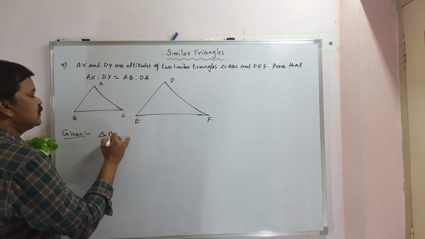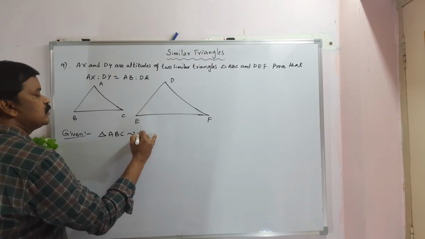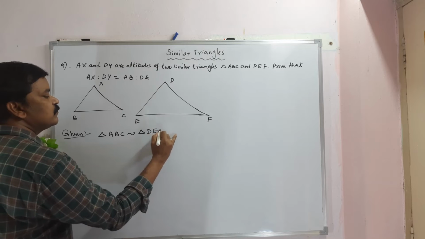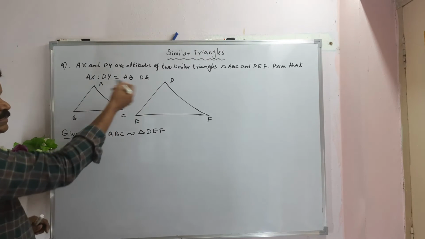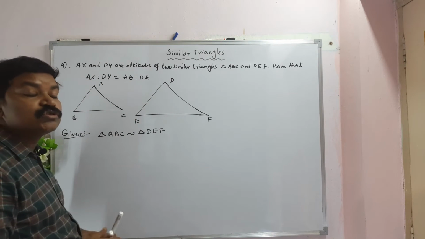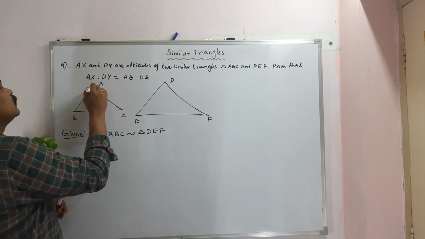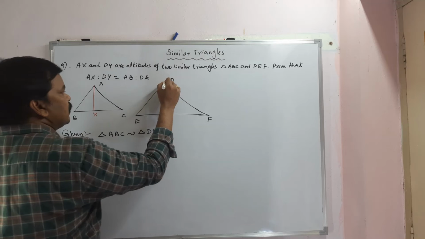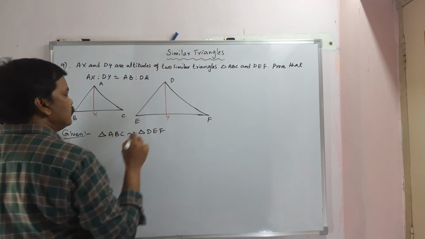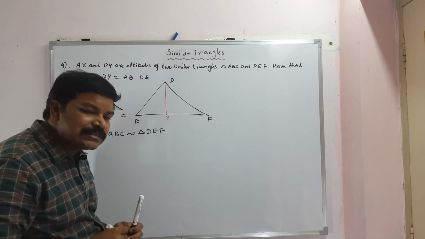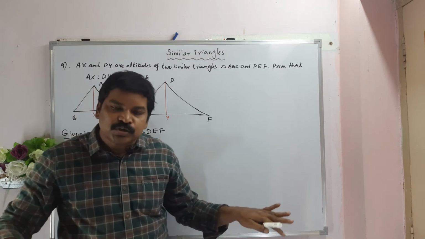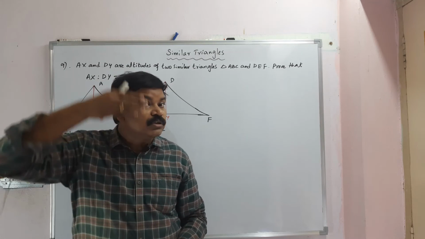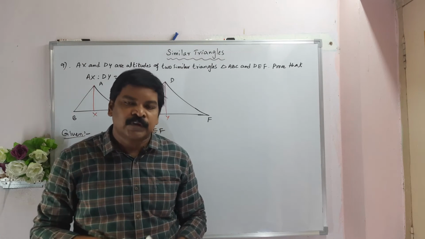Triangle ABC is similar to triangle DEF and AX and DY are the altitudes of the two similar triangles. This is AX and this is DY. Altitudes means perpendicular to the base, making an angle of 90 degrees, and also passing through the opposite vertex.